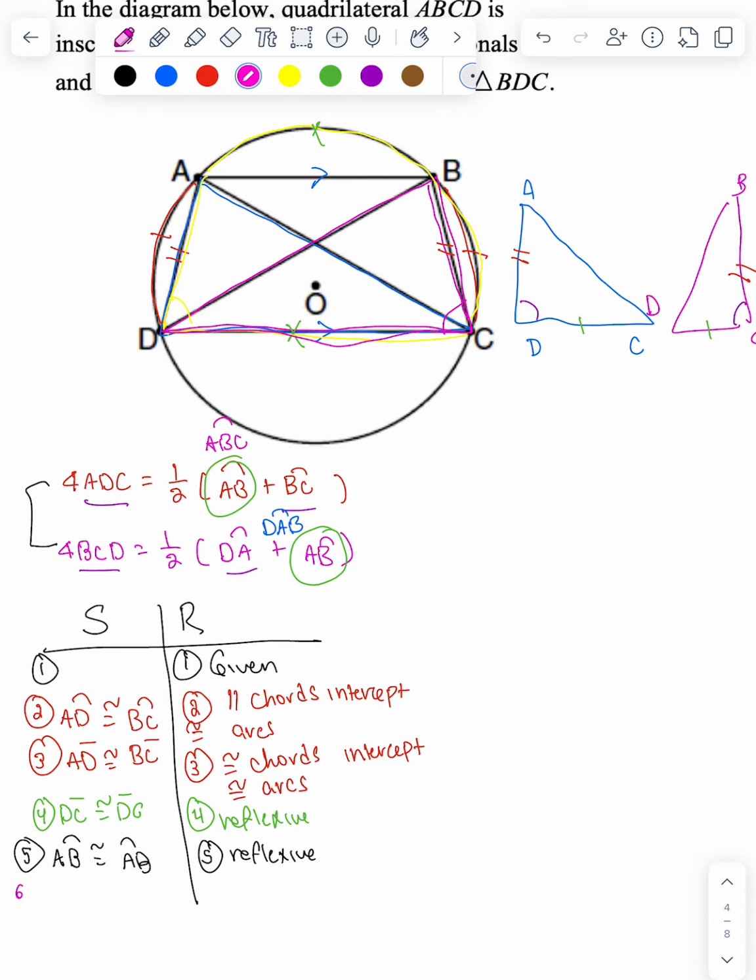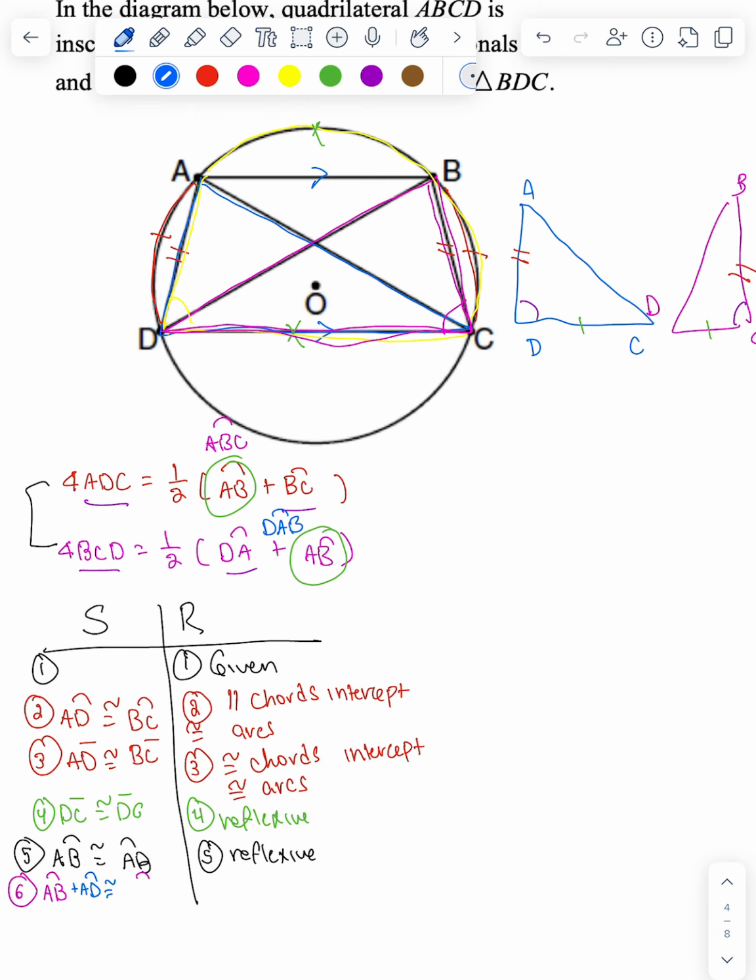Okay. So in order to use addition, we have to start with congruent. So I'm going to start with AB on both sides. And then you have to be adding congruent. So AB plus AD. Let me get a little bit more space here because I'm running out of space.